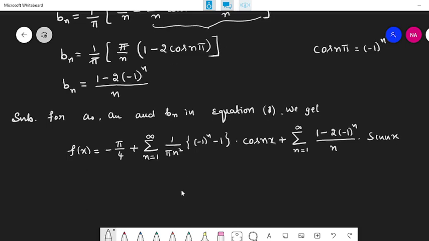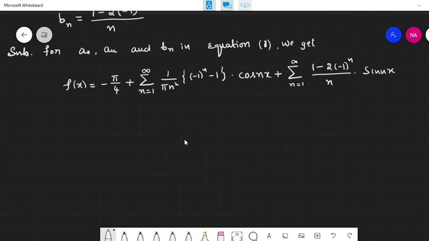So this is f of x on substitution. And now we need to deduce an expression from this one, so you have to simplify this expression. From that we can deduce the required expression.